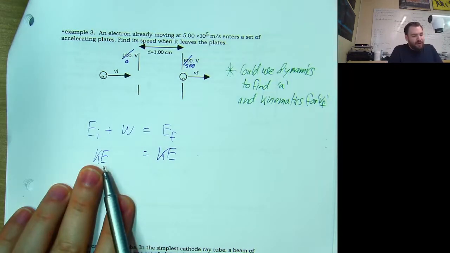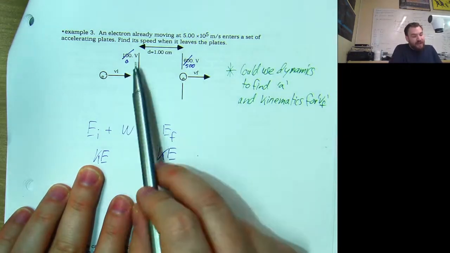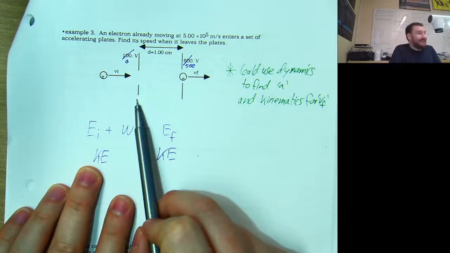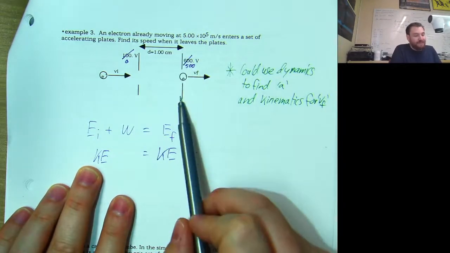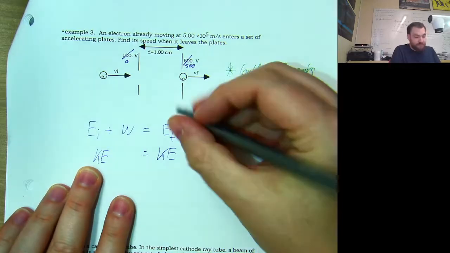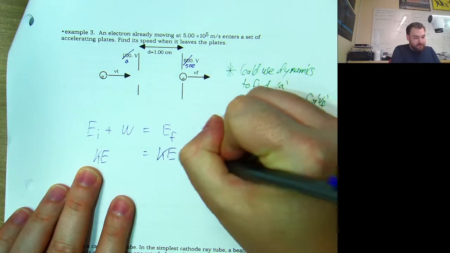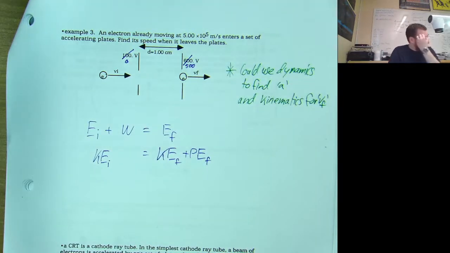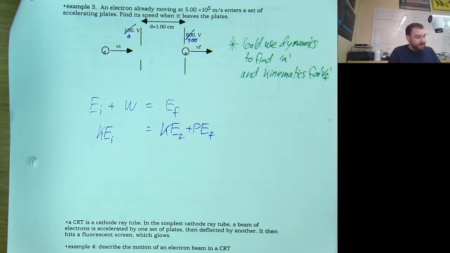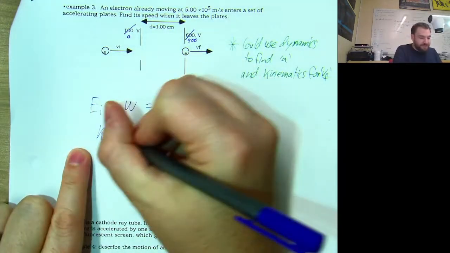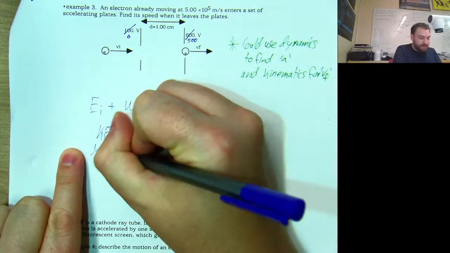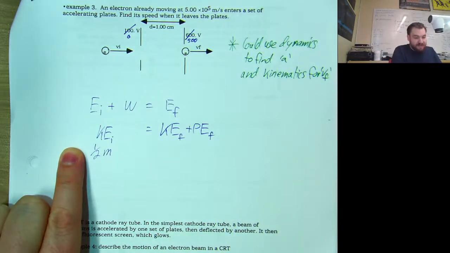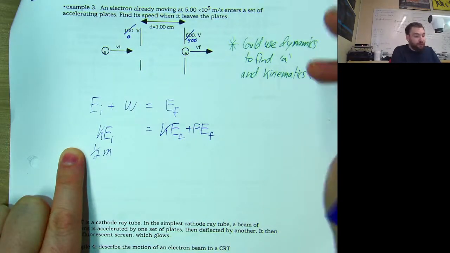So now with this shift, I've got kinetic energy here, that's it. And I've got kinetic energy here and potential energy here. So I've got KE initial, KE final, PE final. So KE initial is given to us by, it's being accelerated by the plates, so there's no work being done.